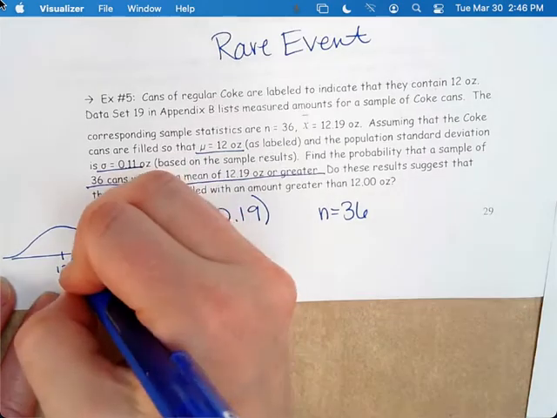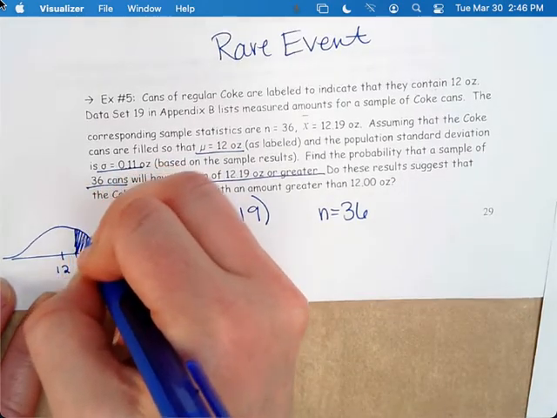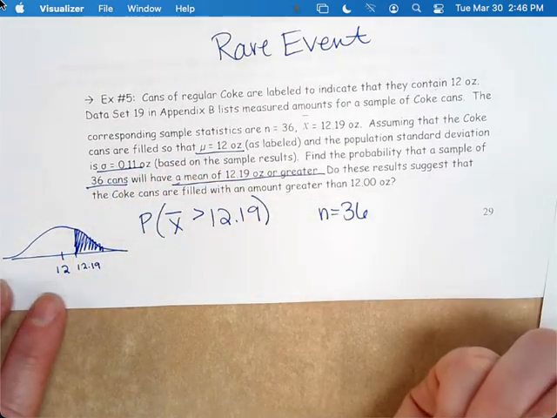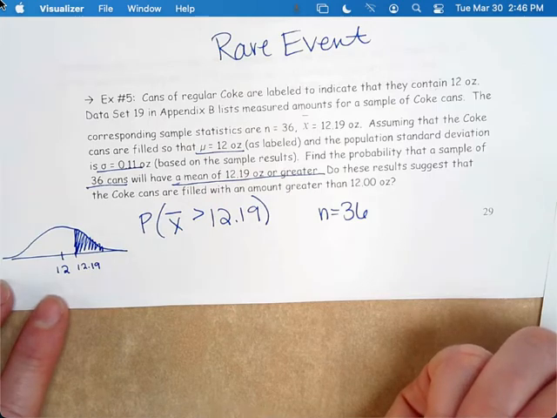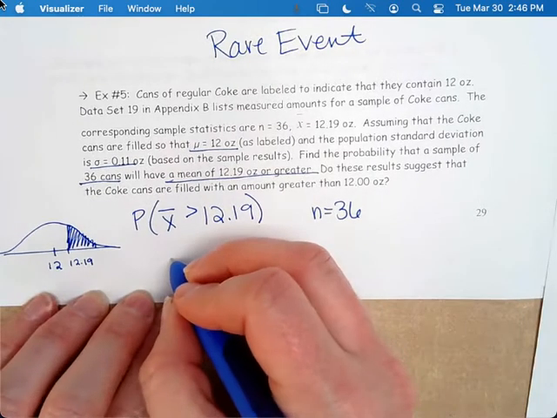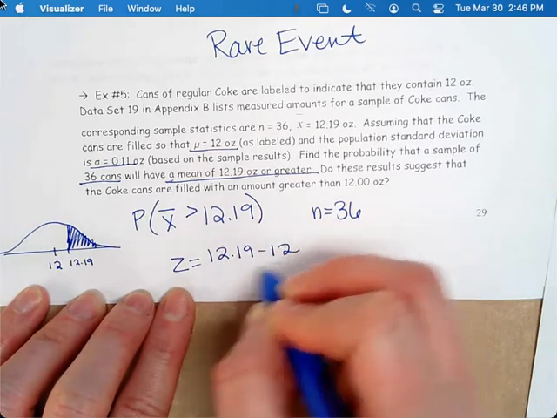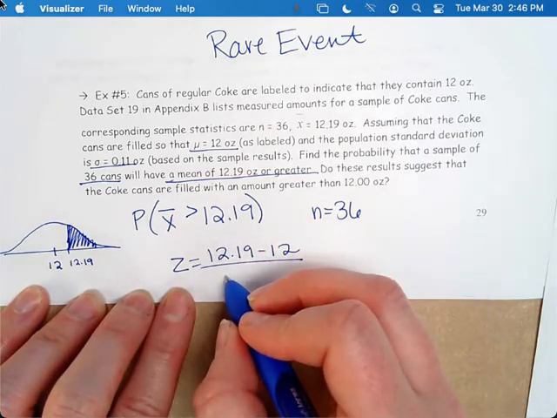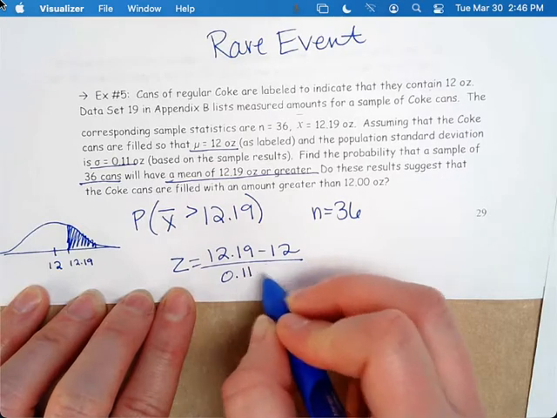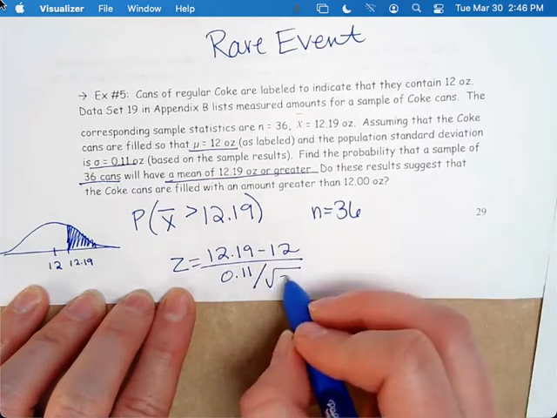And we're looking at greater than. So our z is going to be 12.19 minus 12 over our standard deviation divided by square root of 36.